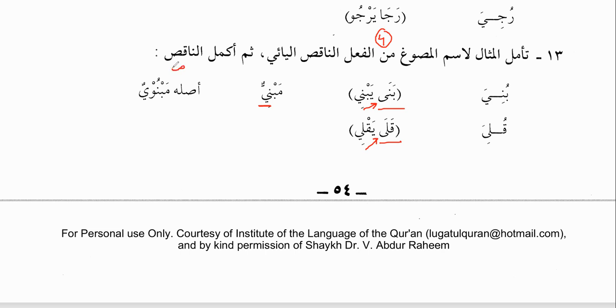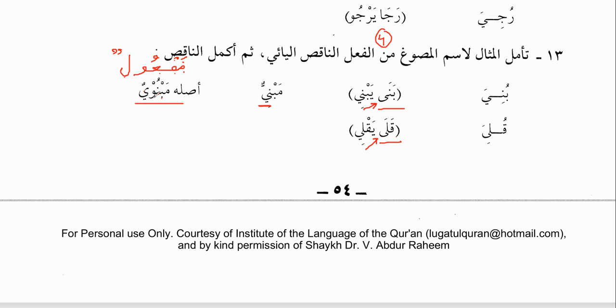So following the scale of maf'ulun, as you can see, the meme falls here, then ba falls in the place of fa, noon falls in the place of ain, then the waw comes in, and the last letter ya comes here in place of lam with tanween. So we have the scale mabnuyun.